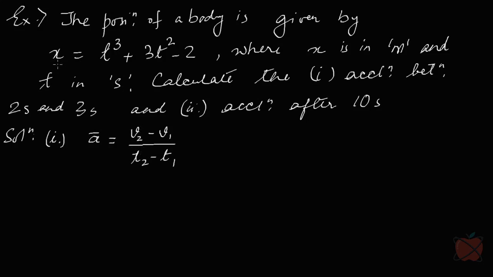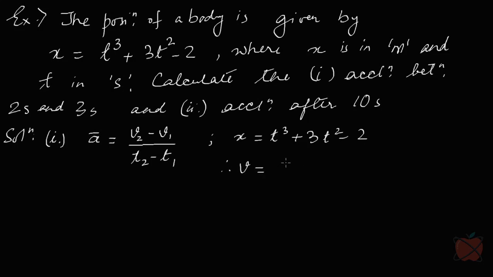But in this question they have given you the position, not the velocity. So we can first differentiate this with respect to time to find the expression for velocity. After that, we will substitute the times: t1 we will get v1, and if we substitute t2 we will get v2. Here we have x equal to t cube plus 3t square minus 2. So what will be the velocity?